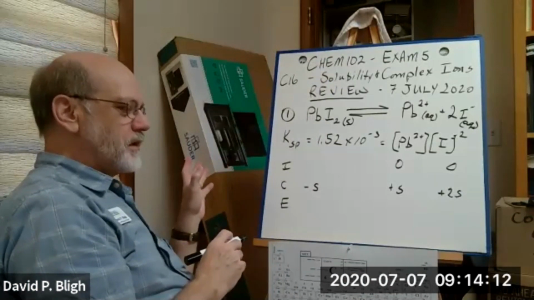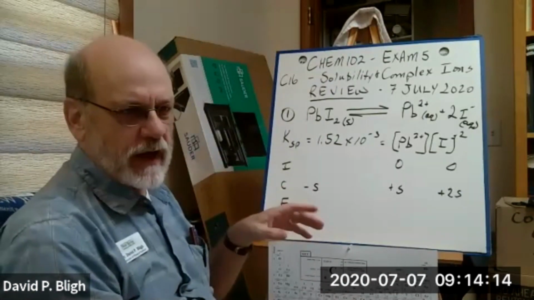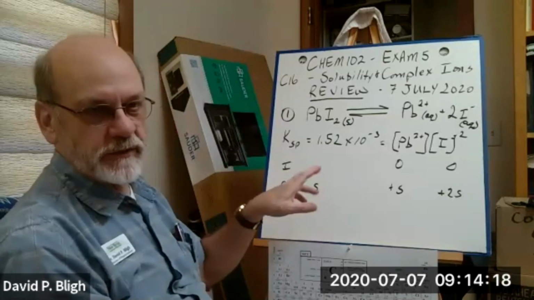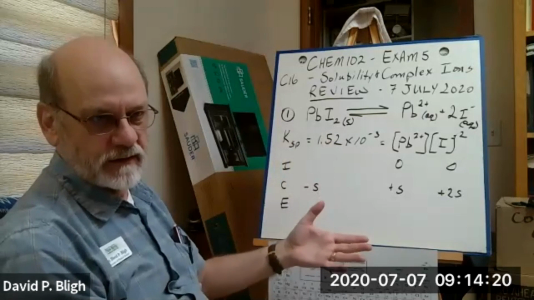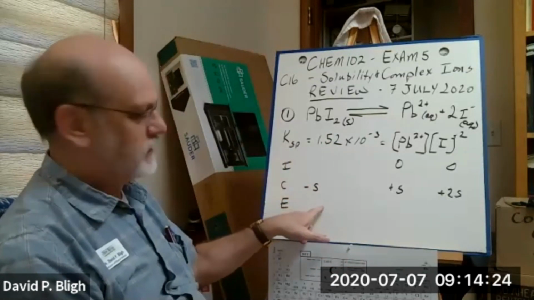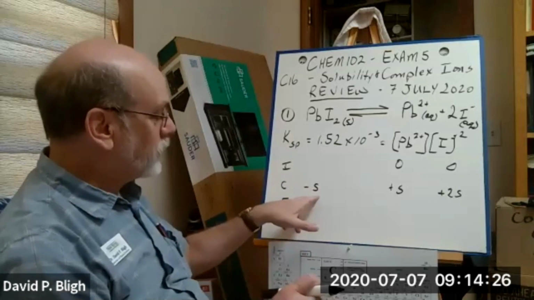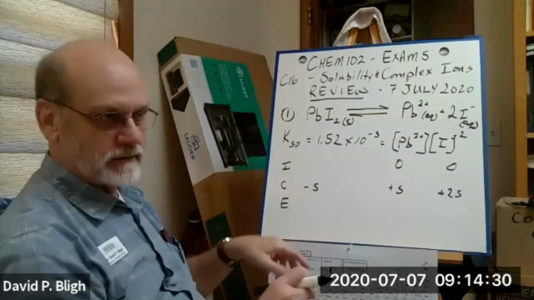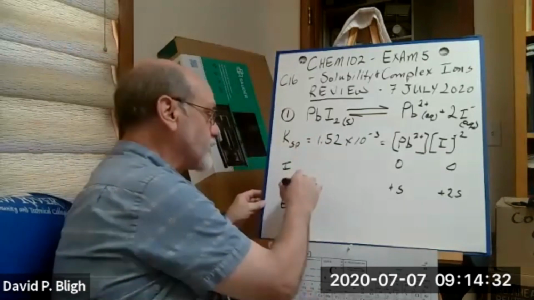So we look to see that we've chosen our unknown value, the S, in such terms that when we solve it, the solution for S is the answer. And in this case, it will be, because this says how much of that dissolves. And of course, these are concentration values.